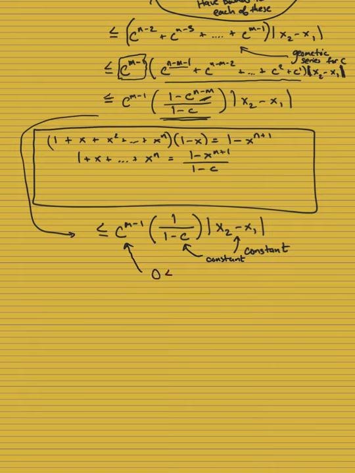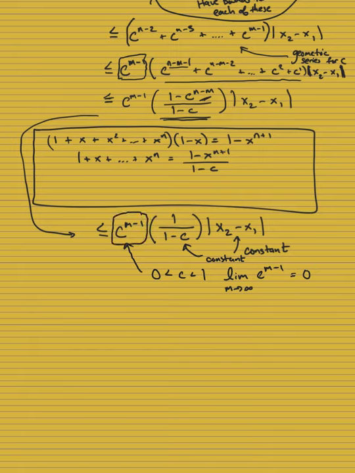Okay, so if I take c between 0 and 1 and I look at the limit as m goes to infinity of c to the m minus 1, I'm getting 0. Which means I can shrink this as small as I want. Okay?